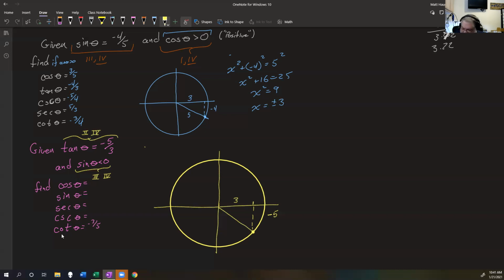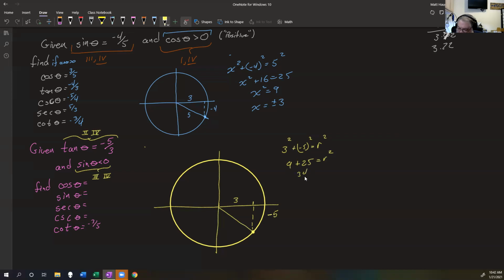To answer the rest of these that aren't done yet, we're going to need that radius length or that hypotenuse length, whichever way you prefer to think about it. And of course, we're going to use the Pythagorean theorem to do that. What's that? 9 plus 25 is r squared.